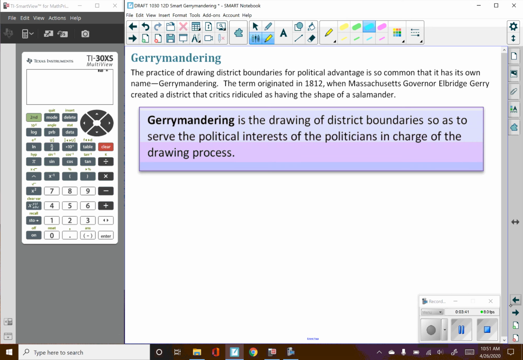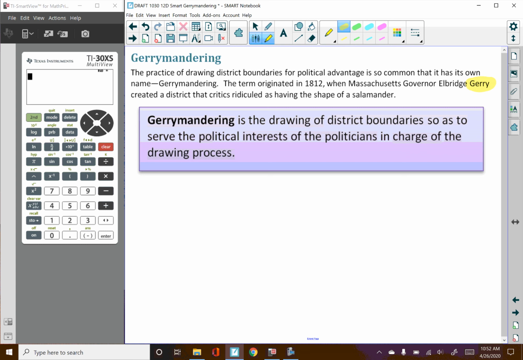So gerrymandering is this practice of redrawing district boundaries for political advantage. And that term gerrymandering came from 1812, when a Massachusetts governor whose last name was Gerry, Elbridge Gerry, created a district, and critics were really upset and ridiculing him, and they said it had the shape of a salamander, which they thought was pretty ridiculous.